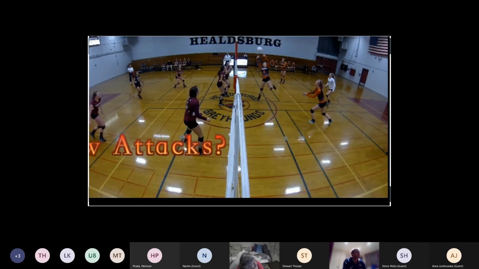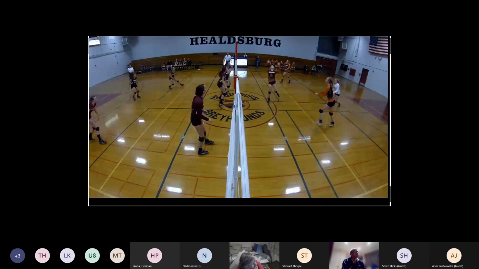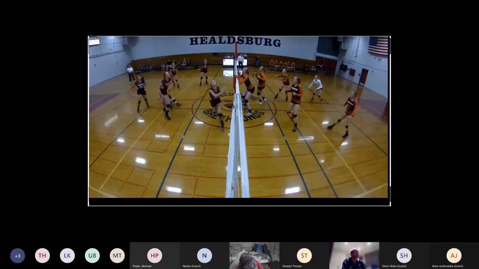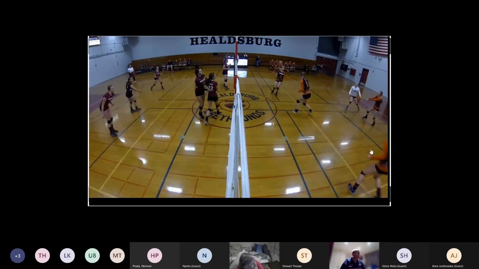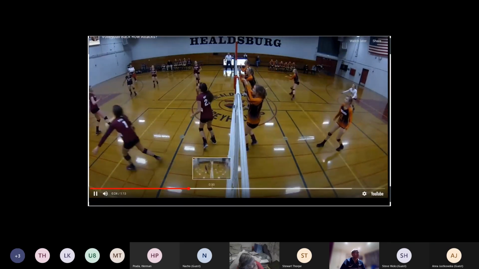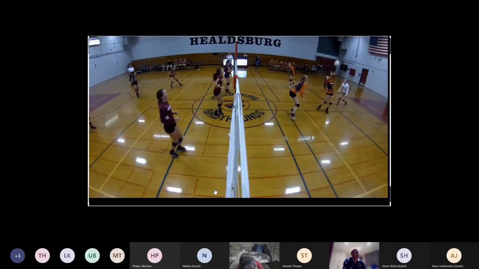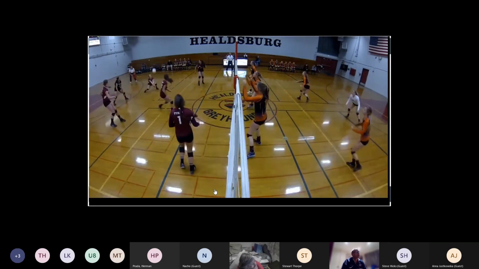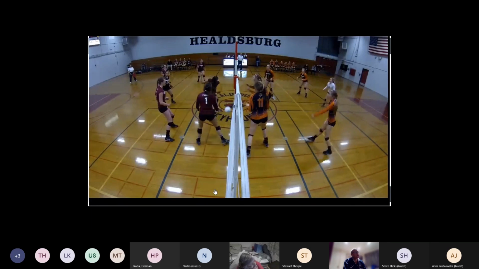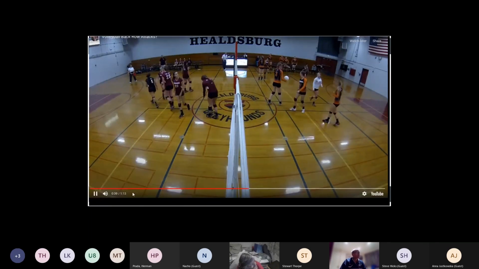So what I want you to look at is you've got a penetrating setter for the team. So what did we think in that situation? Okay, the setter was in the front zone, and she played the ball over the net.